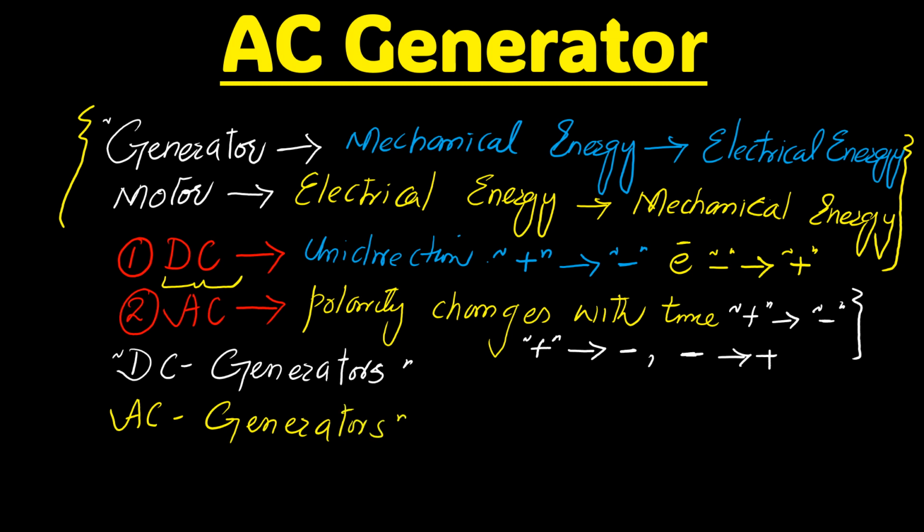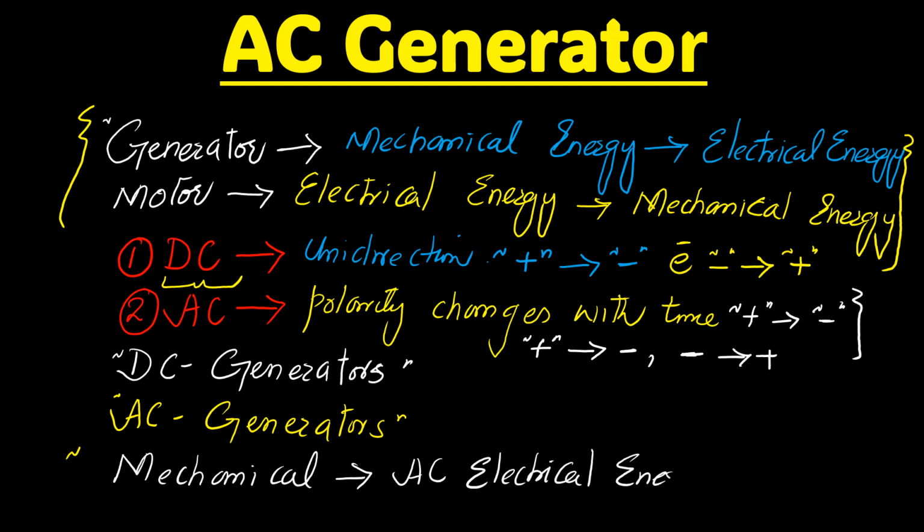In an AC generator, mechanical energy is converted into alternating current electrical energy.